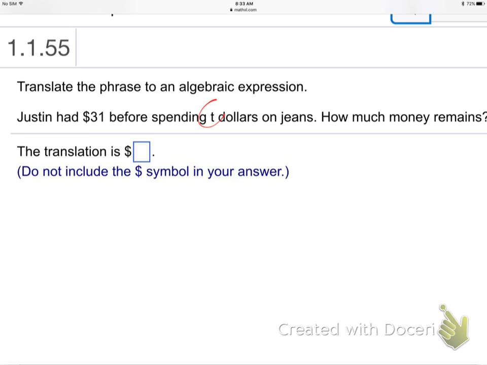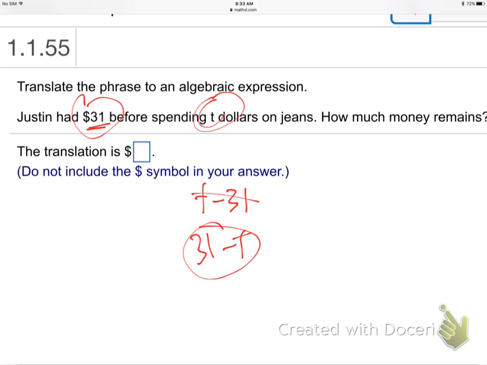So, he had $31 before spending T dollars. You guys know it's either going to be T minus 31 or 31 minus T. And the order of subtraction matters. Which one? Yeah, that one, because he had 31 at first, and then he spent T dollars, so subtract the T. It's 31 minus T. Does that make sense?